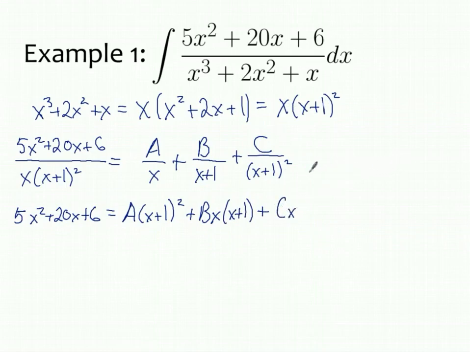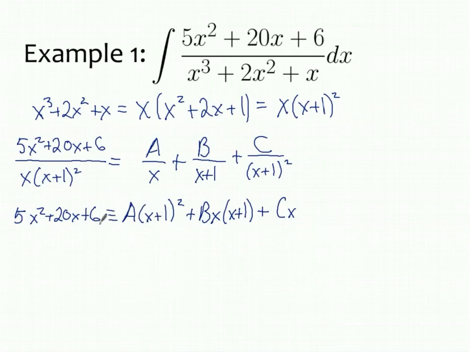And really these are identically equal, right? So we're looking for A, B, and C that make this identically equal, not just equal for some x. I should have mentioned that earlier.